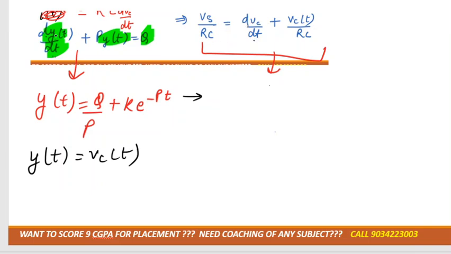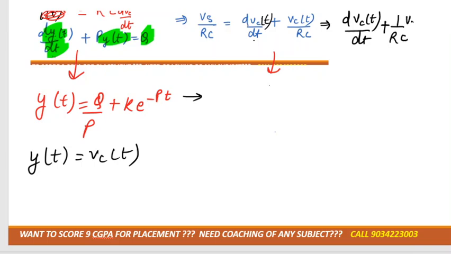So can we say that y of t is equal to Vc of t? Just compare it simply, right? I'm writing this equation in this form only, that is dVc of t by dt plus 1 over RC, Vc of t is equal to Vs over RC.